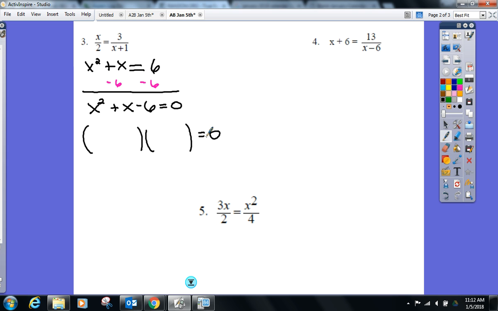You figure out 2 numbers that multiply to c. So 2 numbers that multiply to -6, but at the same time will add to your b, in our case 1. All right, so multiply to your c, add to your b of 1. So I'll give you guys a second to think about numbers that multiply to -6, but when I add them together, will give me 1. And then I'll ask somebody.